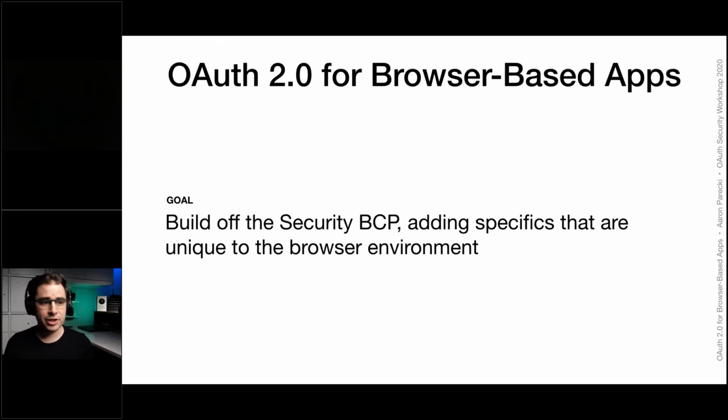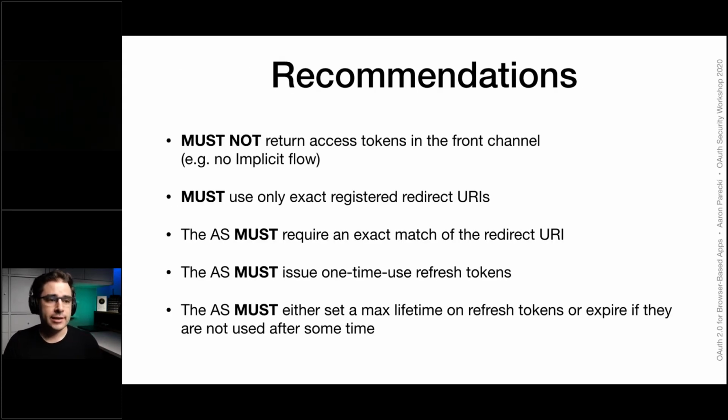Some of the recommendations this makes, for example, it says that OAuth servers must not return access tokens in the front channel to JavaScript apps. That essentially rules out the implicit flow for doing an OAuth flow in a JavaScript app. The idea there is that the JavaScript environment is already not very secure.